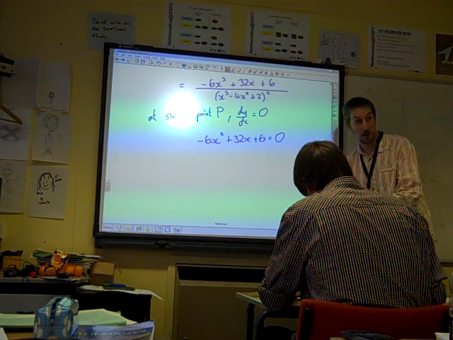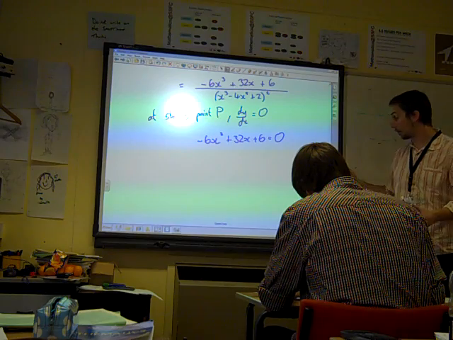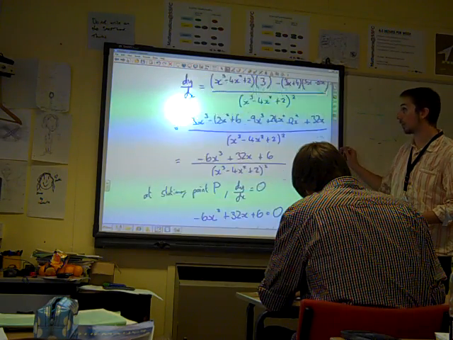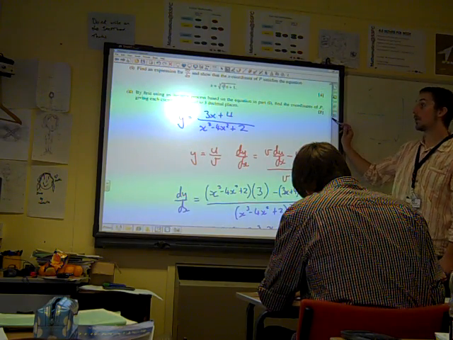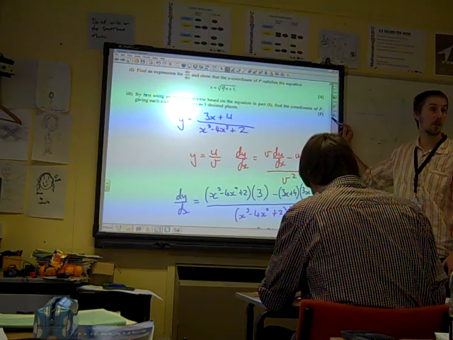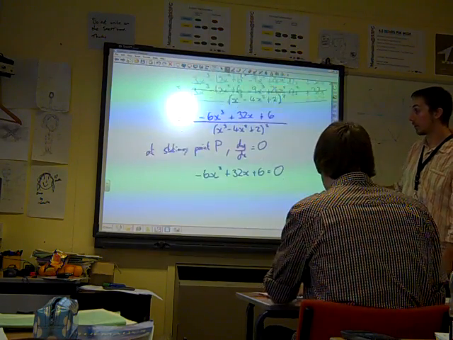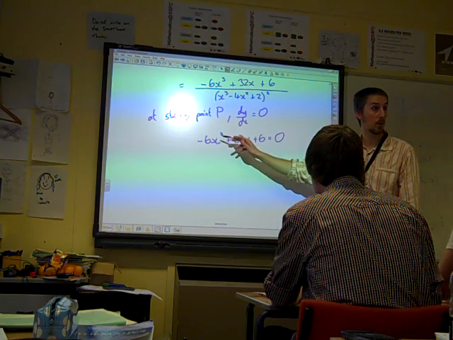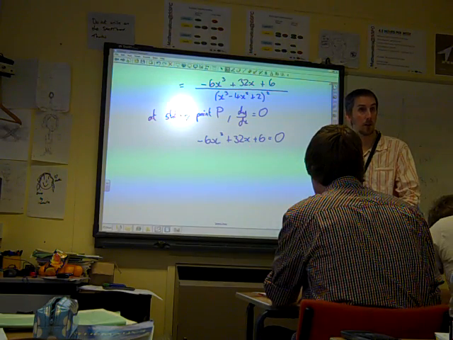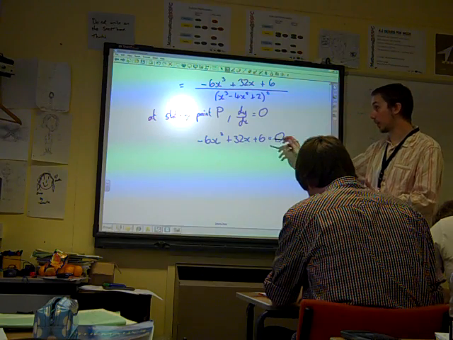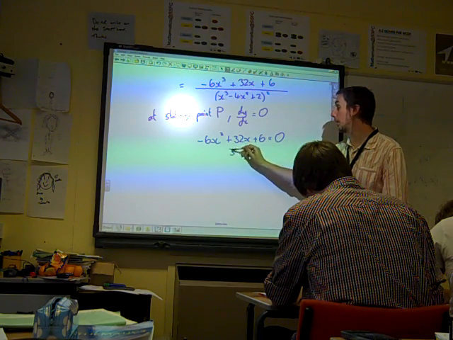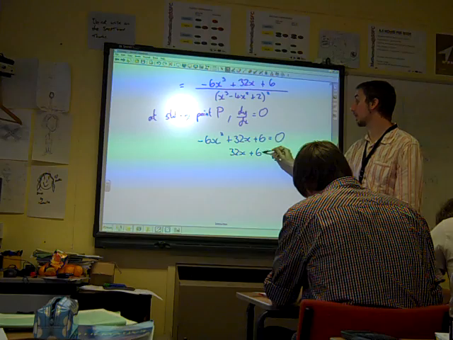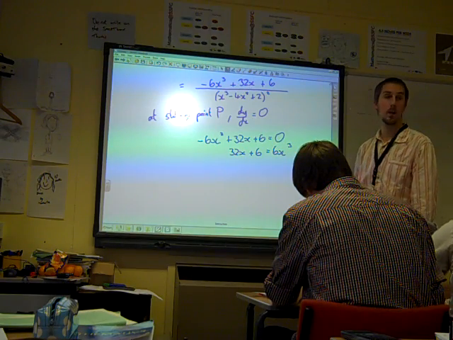And what we need to do with this, we don't need to solve at this point. We're supposed to be heading towards that equation there, x equals the cube root of something. So we've got x cubed on its own, and then cube rooted. Let's rearrange this so we can get x cubed on its own. We've got 32x plus 6 is 6x cubed.